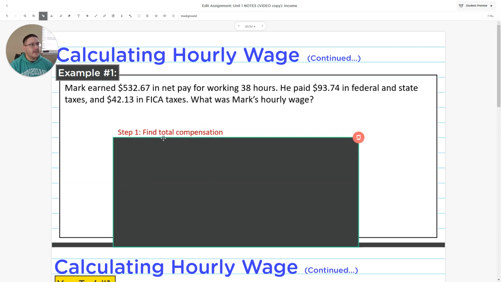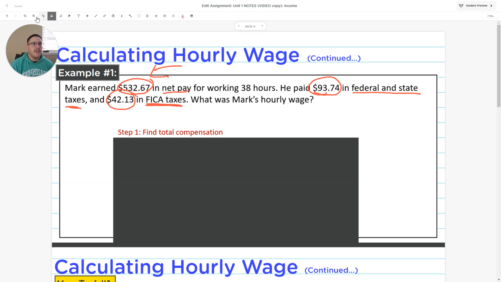So first thing we have to do is find the total compensation. Well, we know his net pay is $532.67. Now, he also had to pay $93.74 in federal and state taxes and $42.13 in FICA taxes. So these are the deductions that gave us the net pay right here.